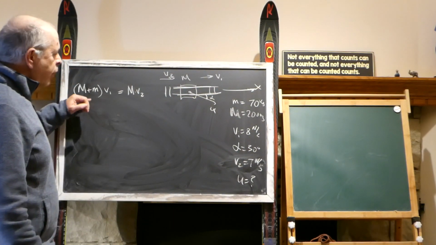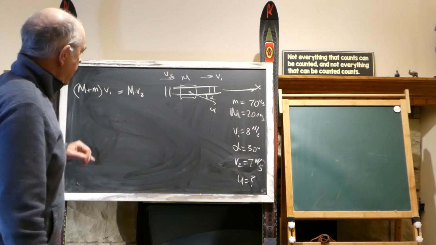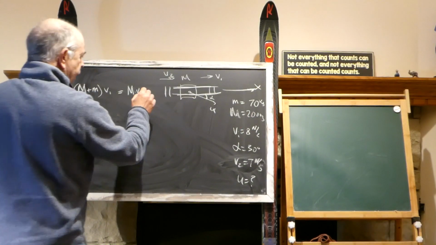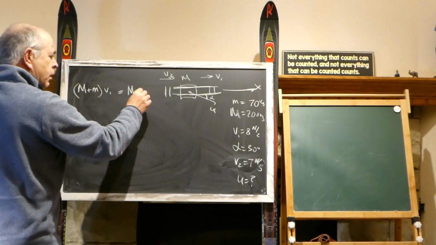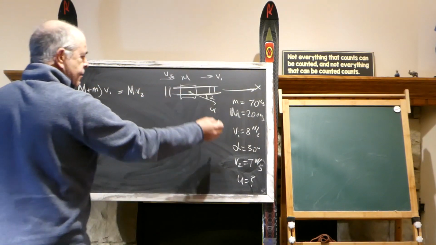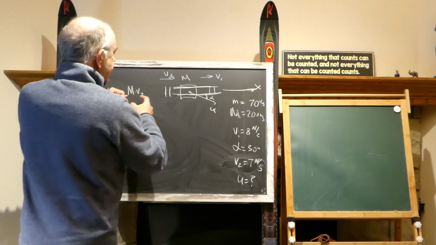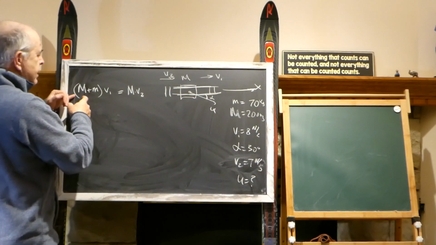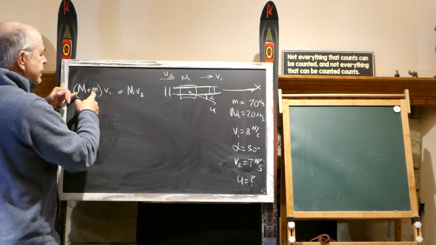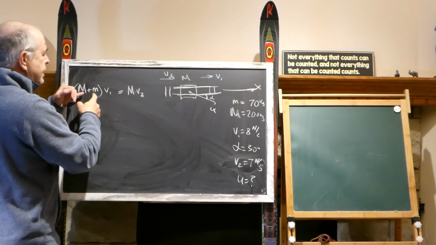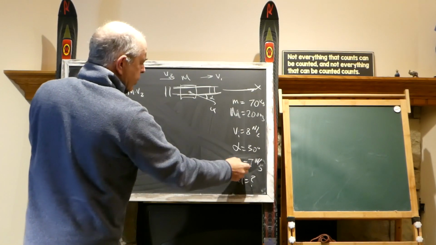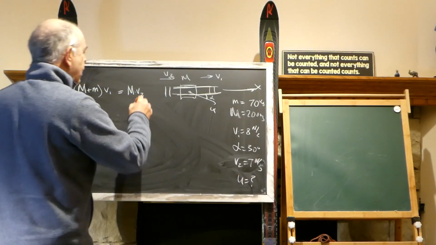So that's why we're calculating this momentum on this axis. After the man jumped, this was the momentum of the cart. Remember, in the beginning it was the cart and the man, so it was m plus M, but in the end it's only the cart that's moving with reduced speed of 7 meters per second, right?